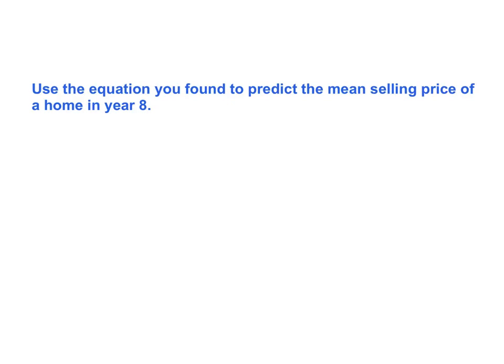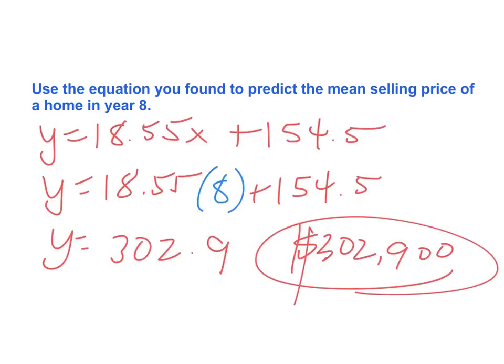Now, so this house, the median price of the house was not $302.9, $300. That's not what it is. It's $302,000. Okay, so your final answer should reflect that. Okay, so if you look here, I have to take it another step. Well, y is 302.9 for the 2 points that we use.